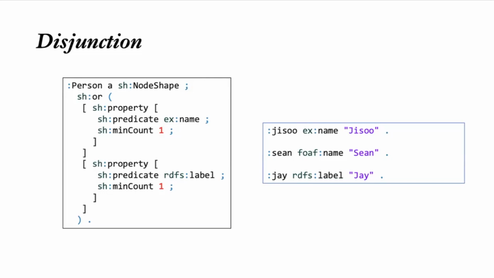We wouldn't read these two sets of braces as conjoined. We'd read them as disjoint. If you're looking over here, these are true as long as one of the disjuncts is true. That's normal. And you'll see in the top, Jisoo. I think we know Jisoo. I think we're proud of Jisoo. We're happy Jisoo's here. Jisoo satisfies this top one.